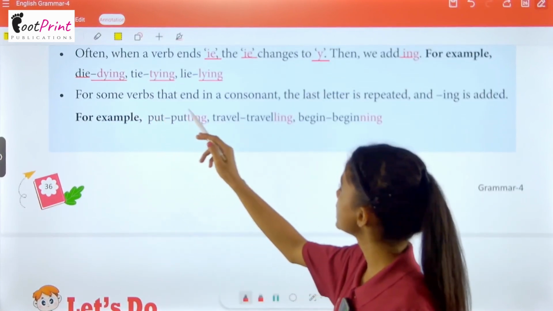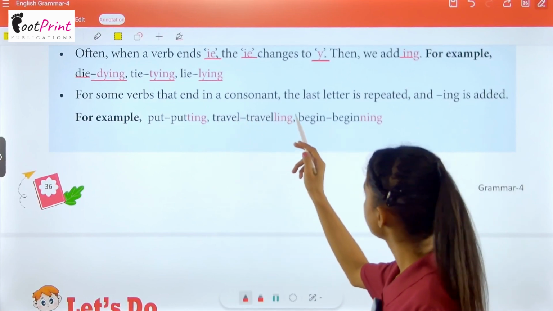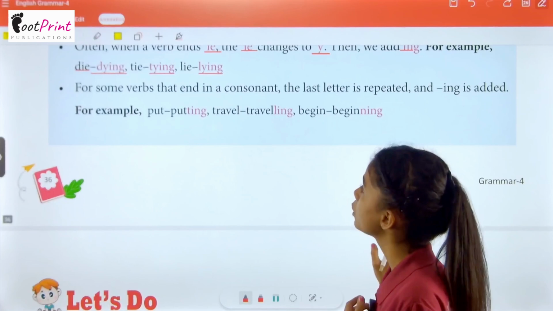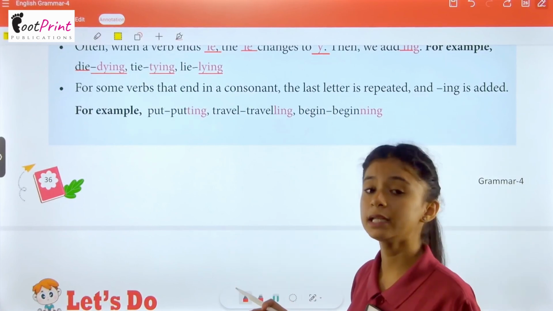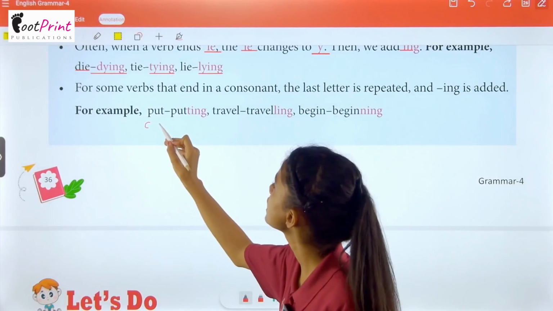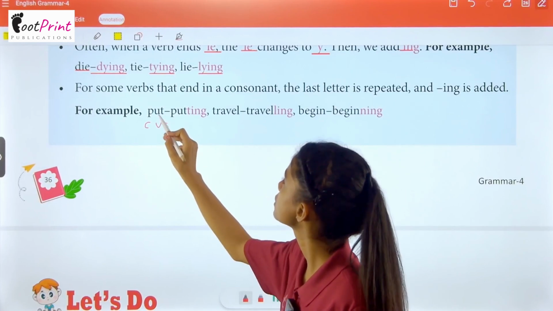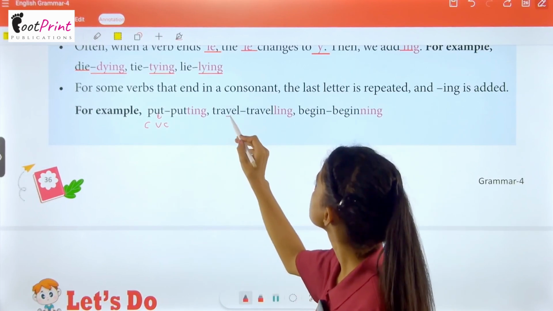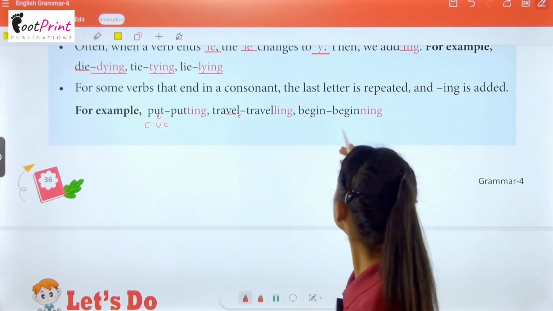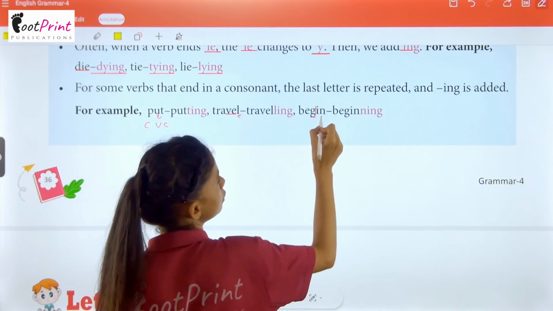For some verbs that end in a consonant, the last letter is repeated and ing is added. Okay, so the verbs that end in a consonant, but not every verb. The CVC verbs. That means consonant, vowel, consonant.